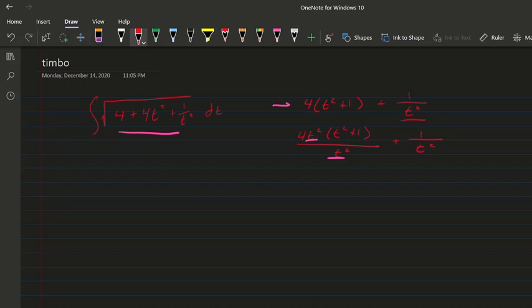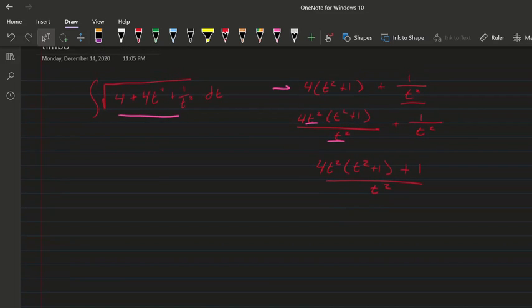So next we want to do 4t squared plus 1 over t squared. So this all will become 4t to the 4th plus 4t squared plus 1 over t squared.